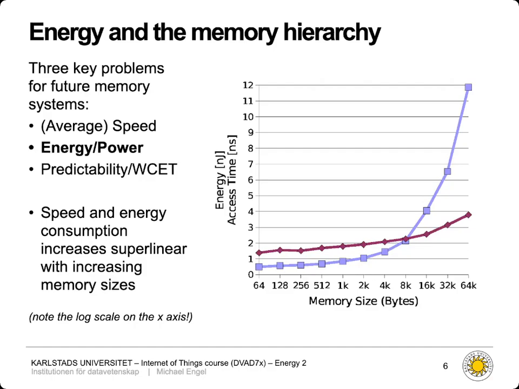So when you look at predictions from a couple of years ago, computer architects actually predicted that future memory systems in computers would exhibit 3 key problems. First, memory speed is not getting faster as fast as CPU speed.